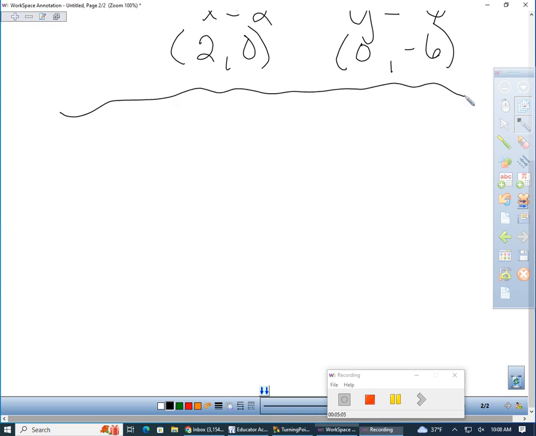Let's do another one. Find the x and y intercepts. Let's go with 2x minus 5y equals 10. So if I'm going to cover up my negative 5y, I put 0 in for y. Cover that up.